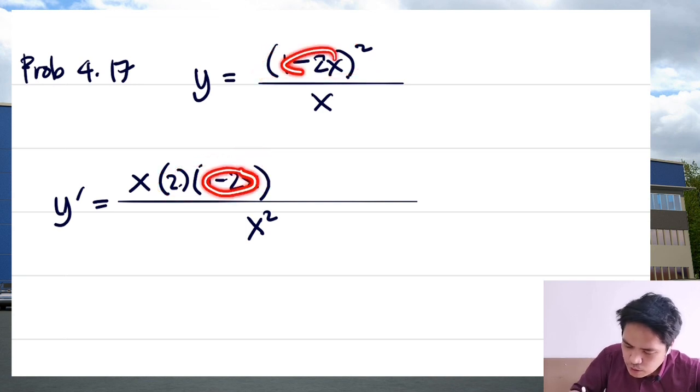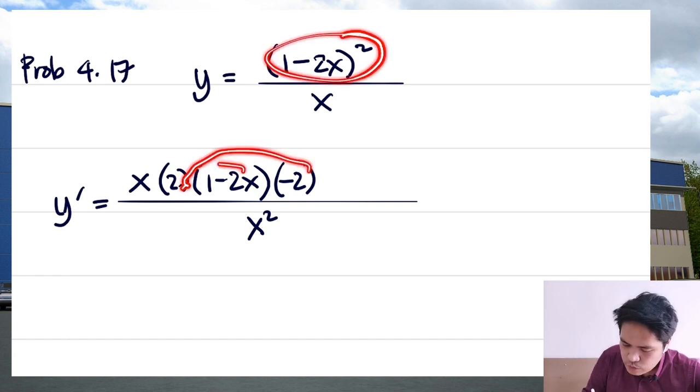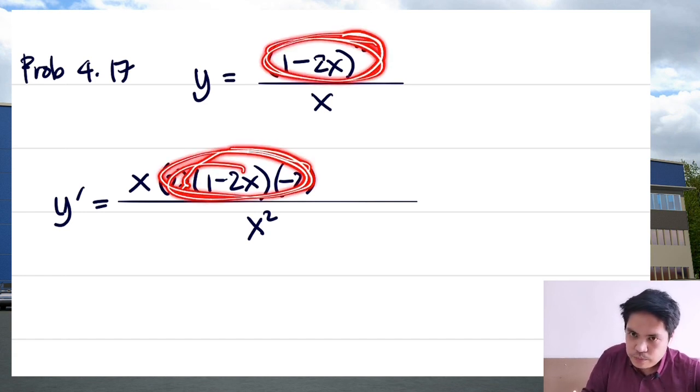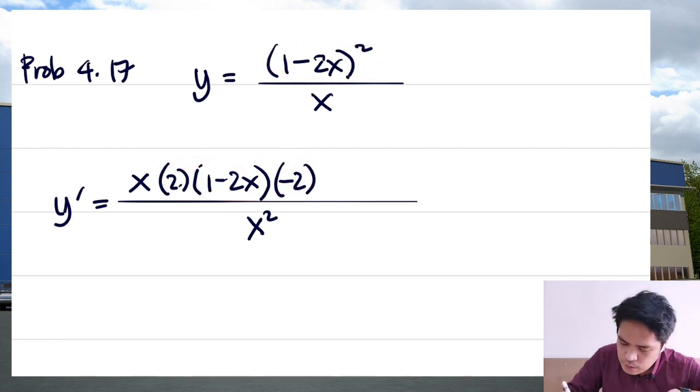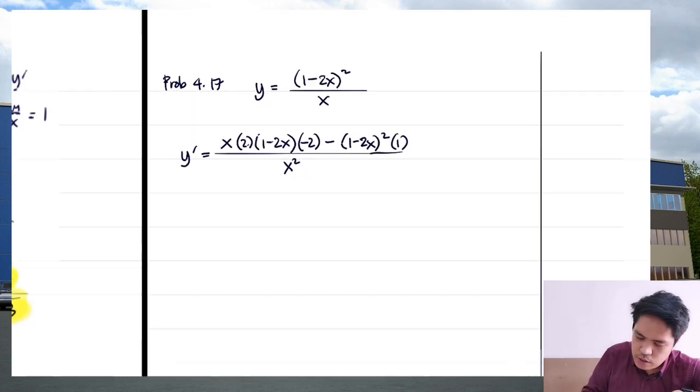Ito yung baby, diba? So the derivative of this would be 0 minus 2. So that's negative 2. Okay? So this is the derivative of the function. Then minus, copy the numerator, that would be 1 minus 2x squared times the derivative of the denominator. Derivative of x is just 1, so times 1. Then simplify.